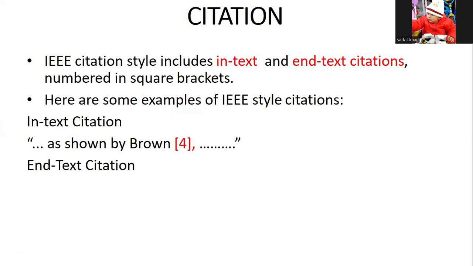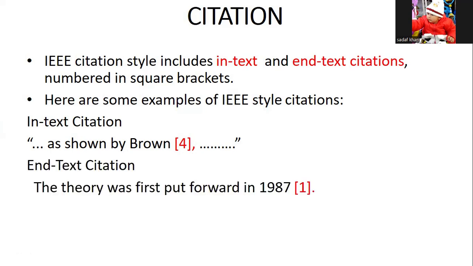Then if we talk about end-of-text citation, the theory was first put forward in 1987. Here the sentence has been closed. It's done, so please remember. By the end, we have used this citation. Again, we have a square bracket and the reference number we have put into it, and by the end we have used a full stop.